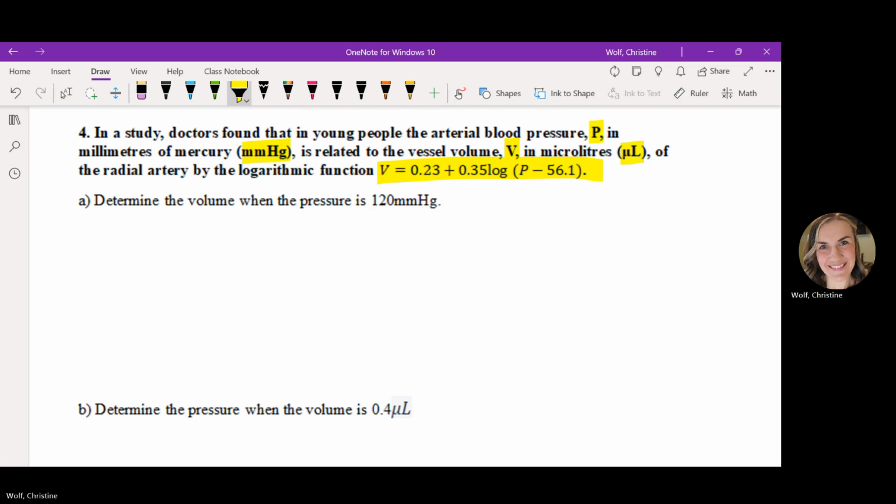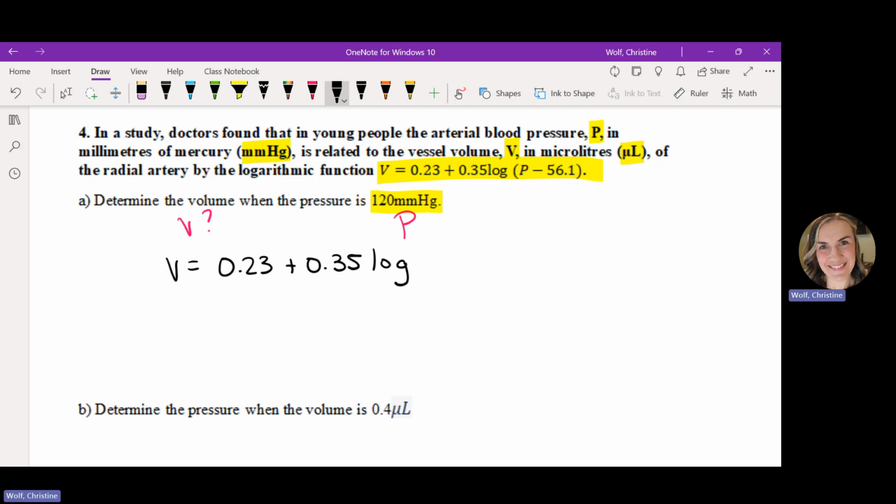Okay? I want you to determine the volume. So how much blood would a person have if the pressure is 120? So I have given you P, or pressure, and I am asking you to find V, volume. So in your equation, you keep V as V. You rewrite the rest.